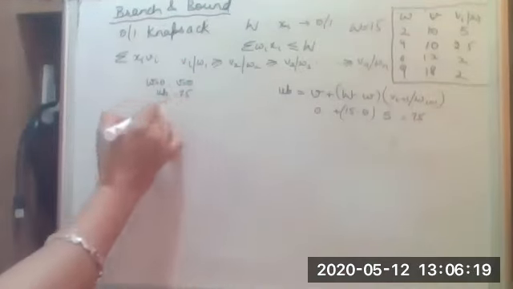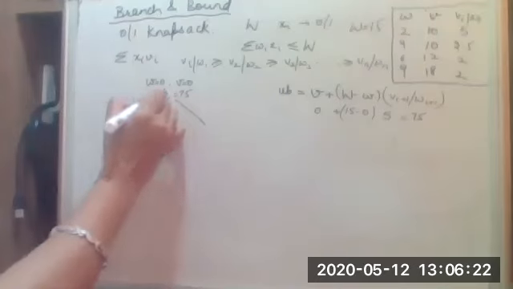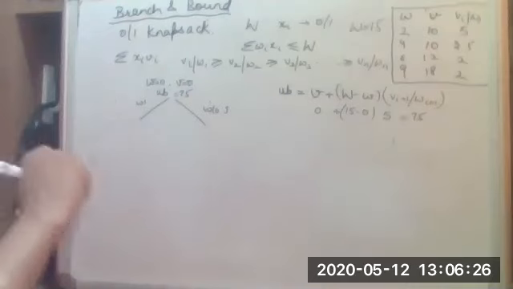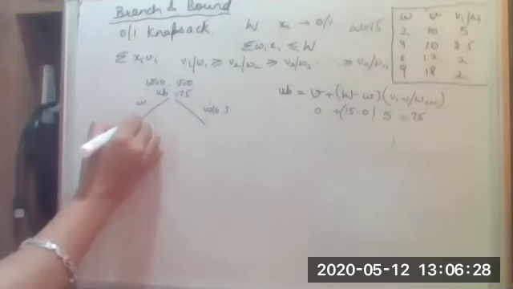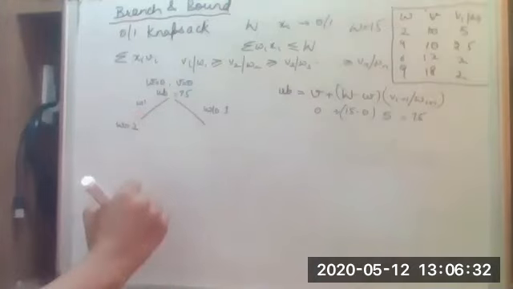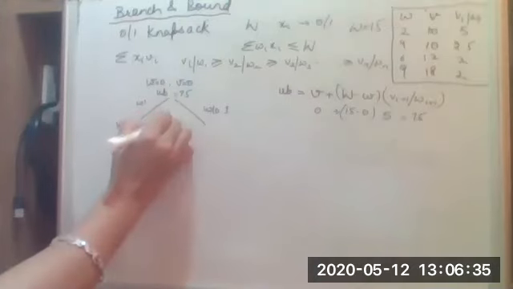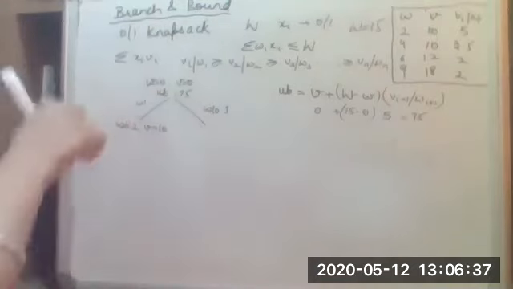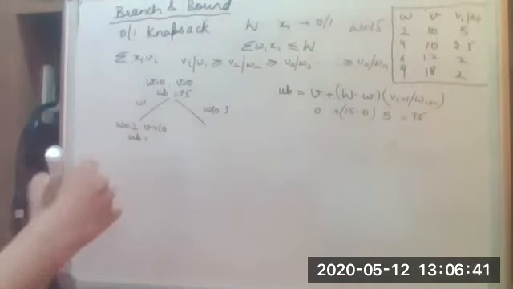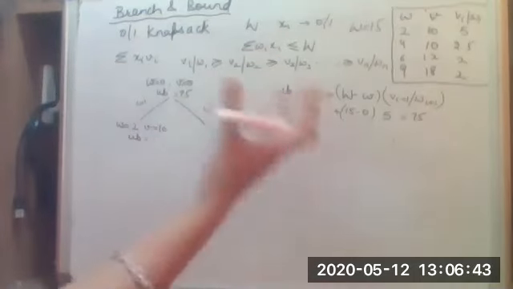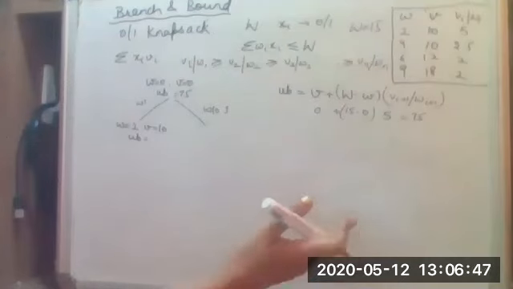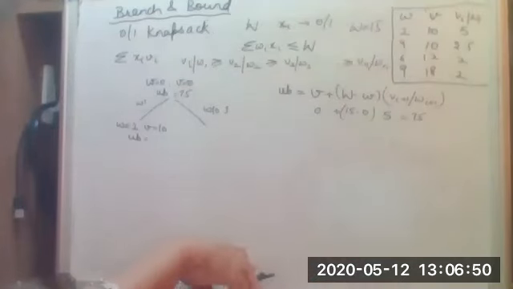After that, we have two choices, with and without the first element. So when we are choosing the first element, the weight of the knapsack will become 2 and the value will become 10. So right now we have 10, and for the upper bound, the best value that we can have is by choosing the next element, because that has the per unit weight as the maximum. So include that as the complete weight value.